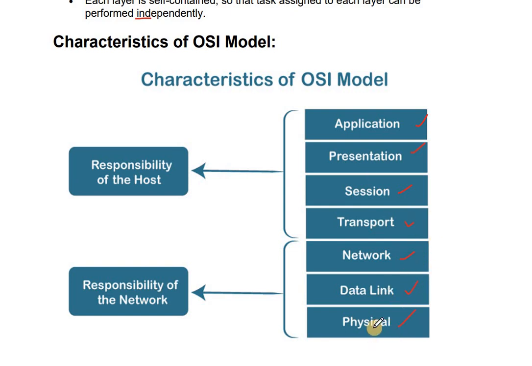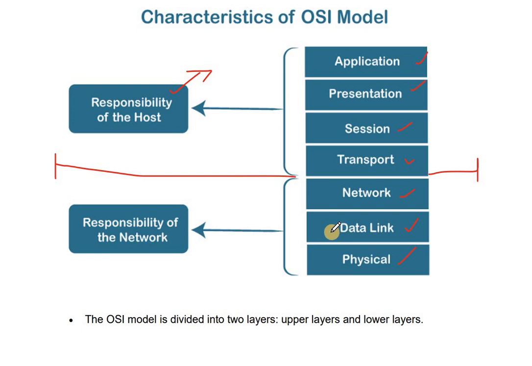If you count these layers, 1, 2, 3, 4, 5, 6, 7 layers. From application, presentation, session, and transport layer, it is the responsibility of the host. And the network layer, data link layer, and physical layer are the responsibility of the network. So here is the partition of responsibility: who is doing what.